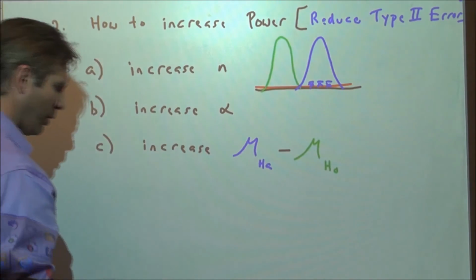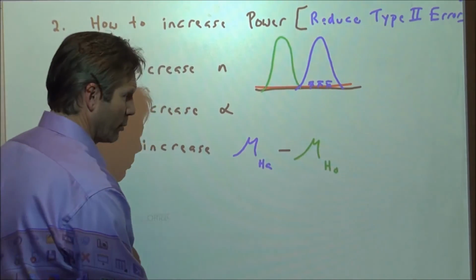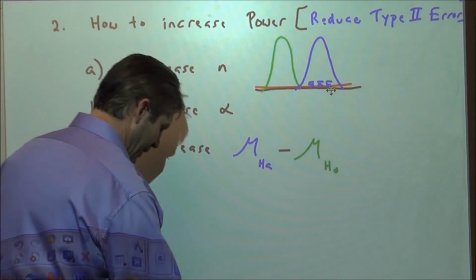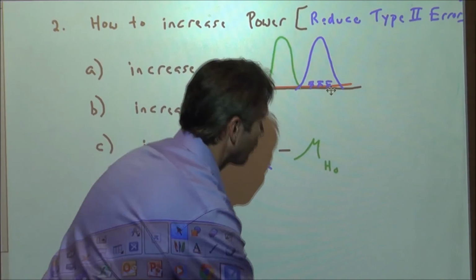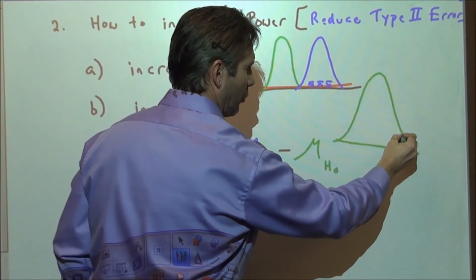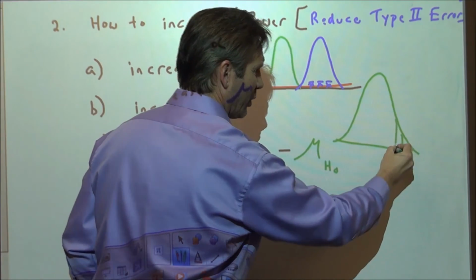If we increase the alpha level, that's when we're saying that instead of setting the alpha level way out here, we can pull it back.